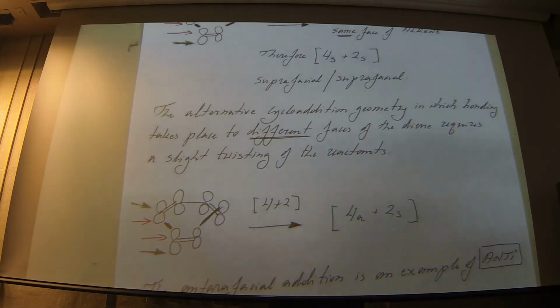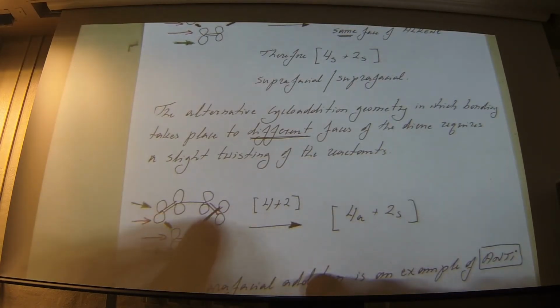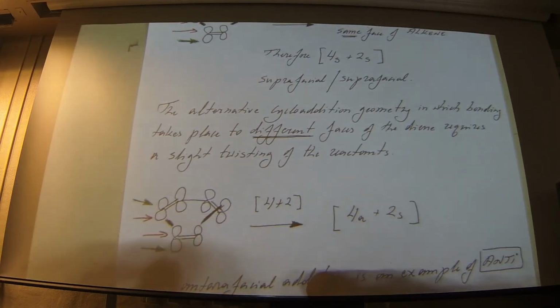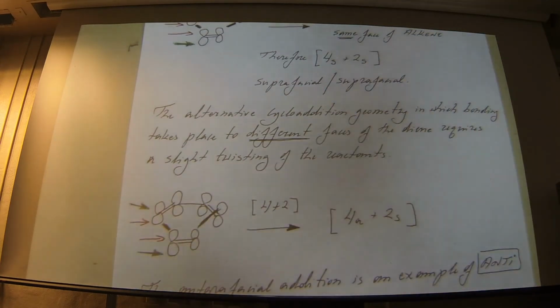Now, in order for that to happen, you have to twist one of the molecules a little bit. Because this kind of interfacial overlap will only happen if I take the dienophile and twist it a little bit. I'm just going to move it over, then I can get that kind of overlap. Okay, so there has to be something that biases the reaction one way or the other.